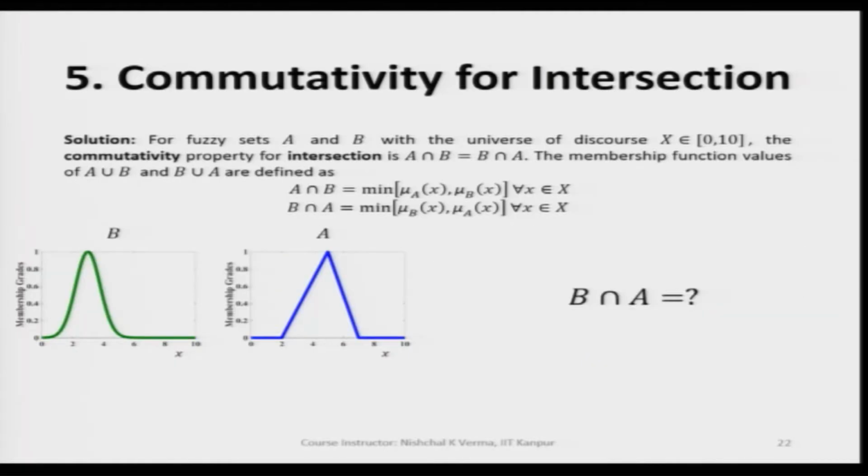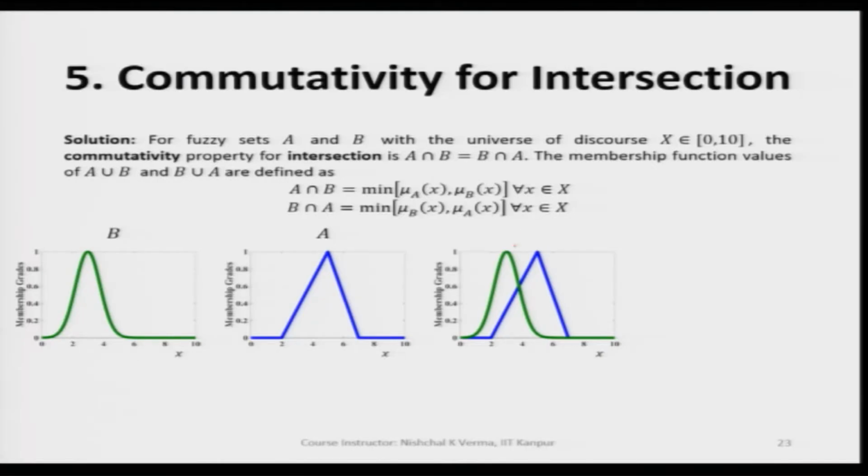Now, when we take B first and then A, of course, these B and A are two fuzzy sets, let us see what is happening. Here also we have the B fuzzy set and then the A fuzzy set, and then we apply the condition for intersection.